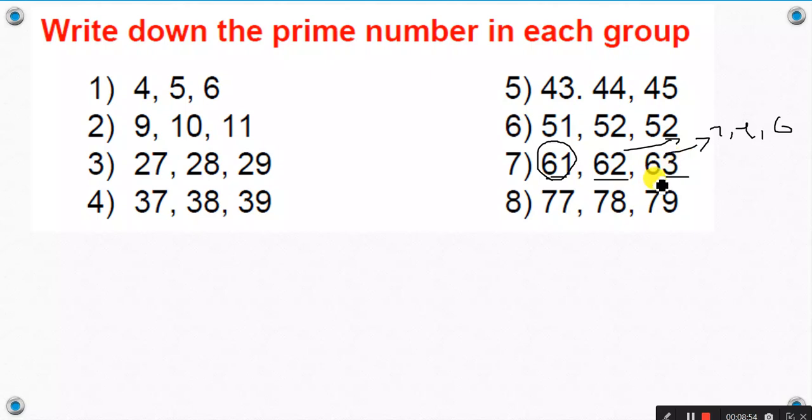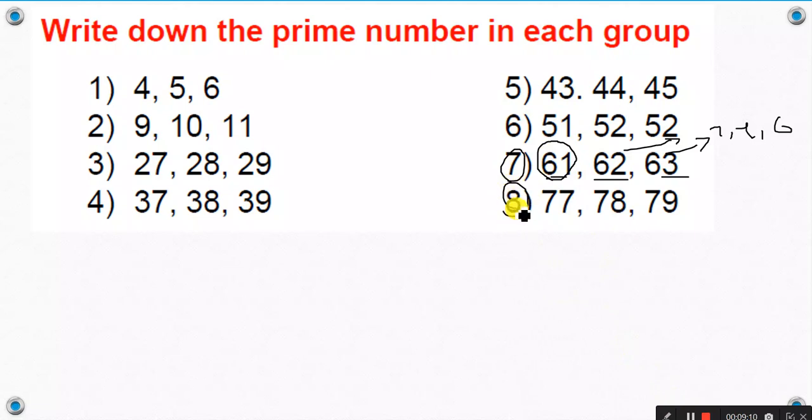So it has more than 2 factors, so it is not a prime number. From number 7, the only prime number is 61.